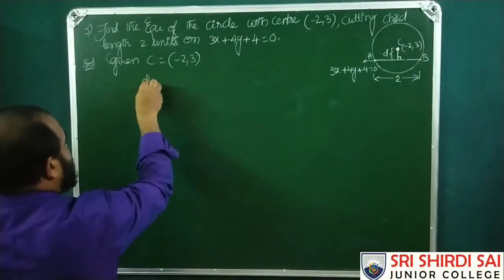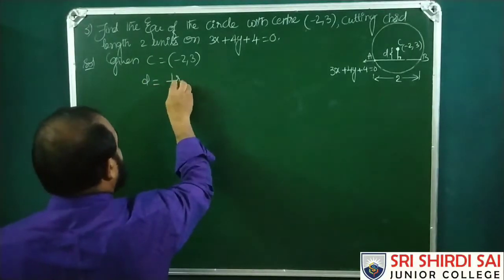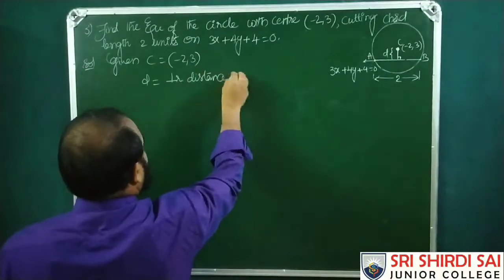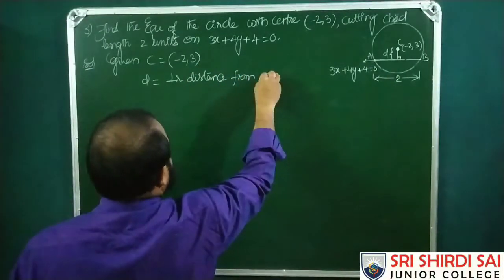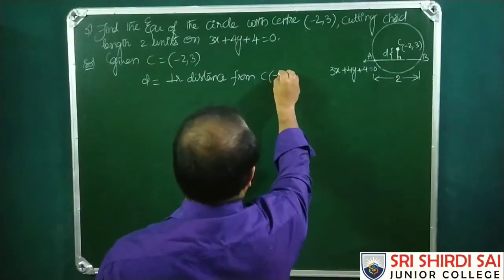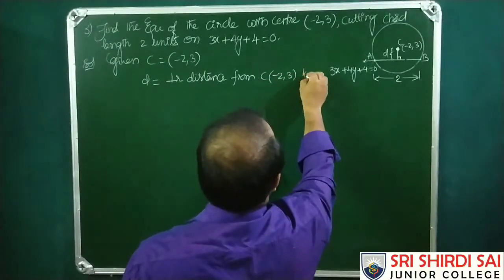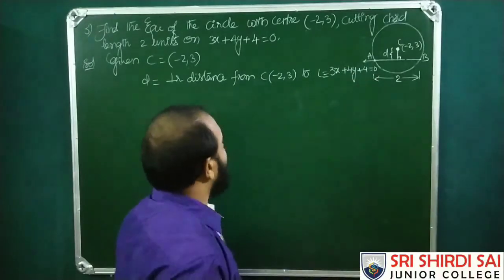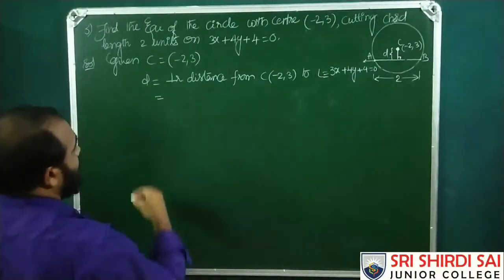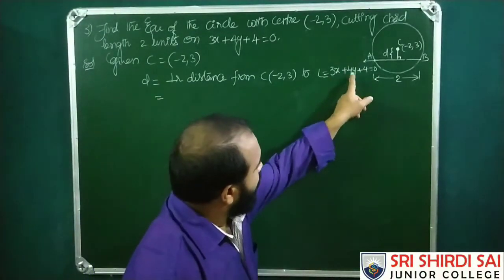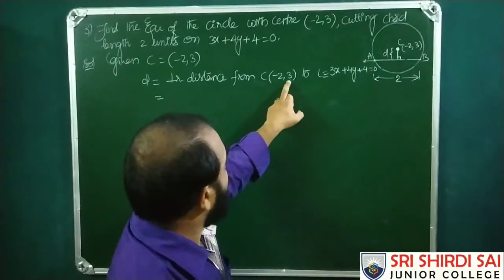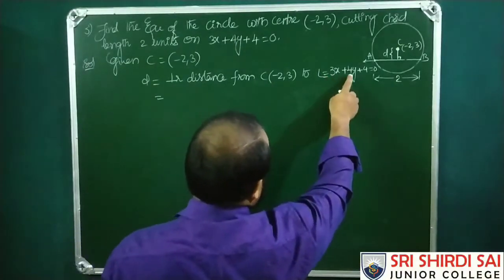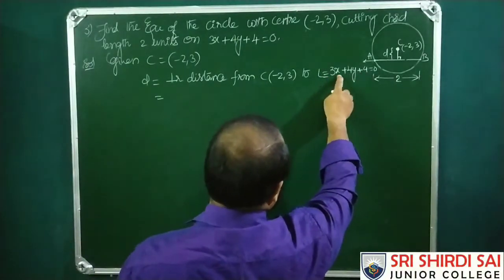So d is the perpendicular distance from center C(-2, 3) to the line 3x + 4y + 4 = 0. For the line ax + by + c = 0 and the point (x1, y1), the perpendicular distance is modulus of (ax1 + by1 + c) by the square root of a square plus b square.